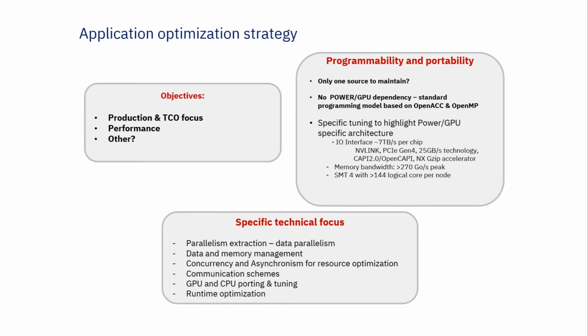Usually people are targeting something that is portable, not specific to a given CPU or GPU. And that's why directive-based programming models like OpenACC and OpenMP are good to use.